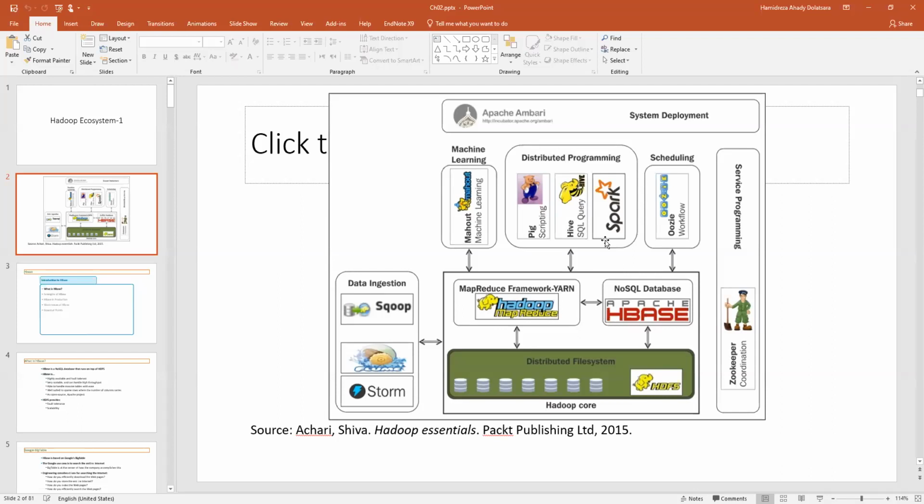RSpark uses R programming for doing your tasks over the Hadoop ecosystem. When we go to the Python part, you will see that you basically call some packages, and over those packages you can submit your Python code and get the results back.